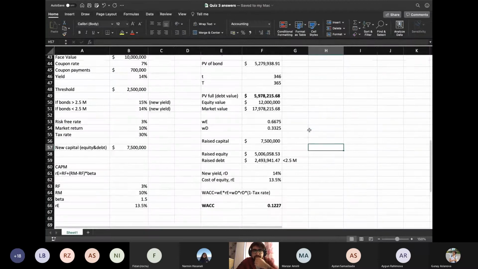Faruk, look. I first calculated present value, full price of debt and equity value, then calculated market value.